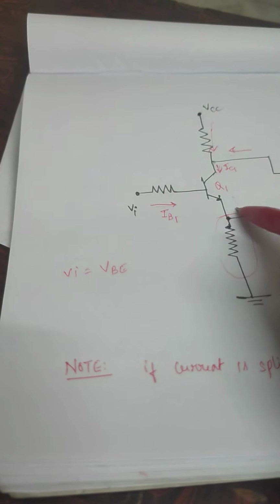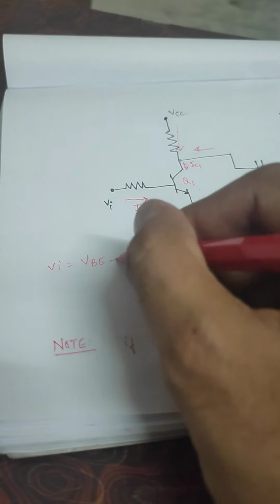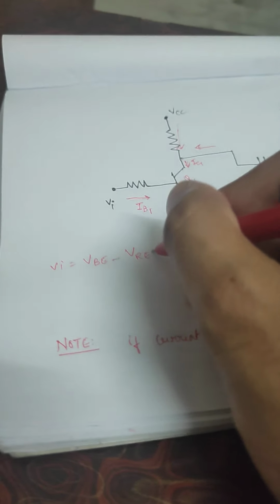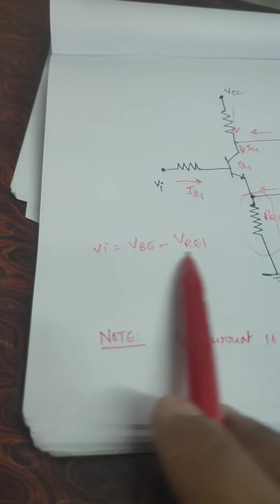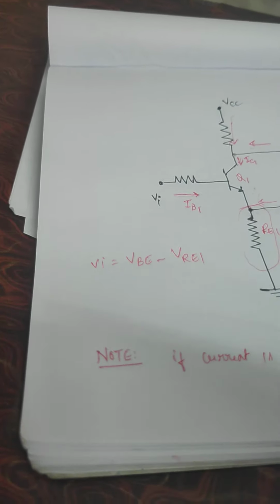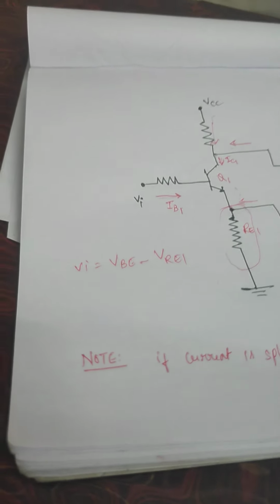As the emitter current should be leaving in nature but it happened entering, the polarity is opposite: VBE minus the voltage at RE1. A drop has occurred, that means a reduced value, which indicates negative feedback. If it is plus, it indicates positive feedback. If it is minus, it indicates negative feedback.